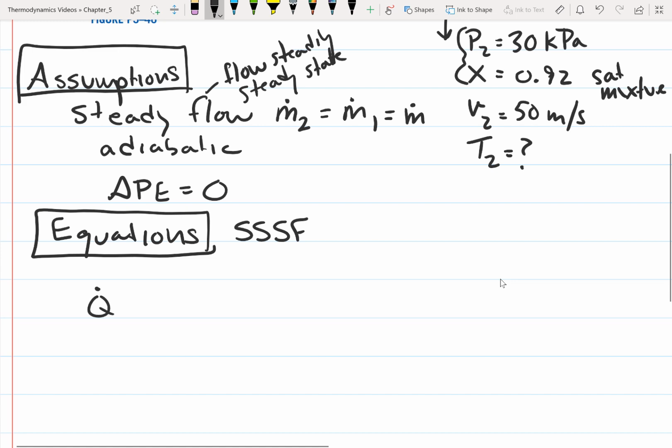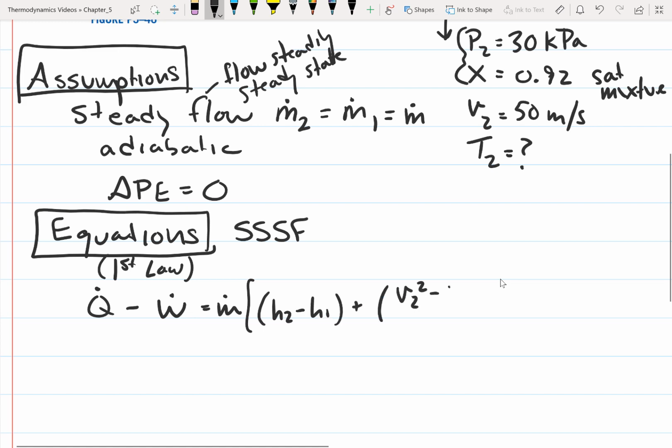So the first law, or energy balance, for the single stream steady flow is Q minus W is equal to m dot (H2 minus H1 plus V2 squared minus V1 squared over 2 plus g(Z2 minus Z1)).